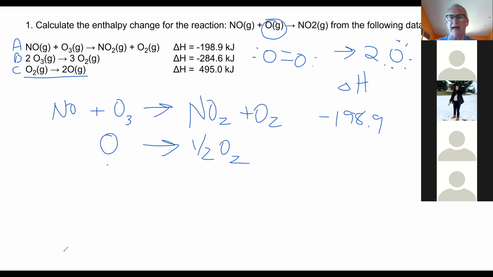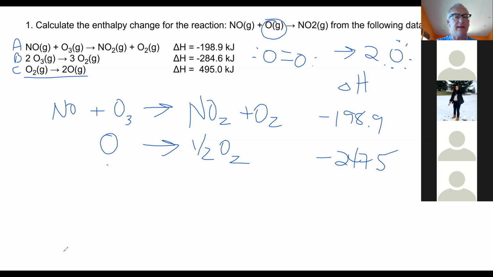So that takes energy. And so when it reforms, when it actually makes bonds, that's going to release energy. That's going to be exothermic. And so we reverse the sign, and it's half. We only want half as much. And so that would be minus 247.5.